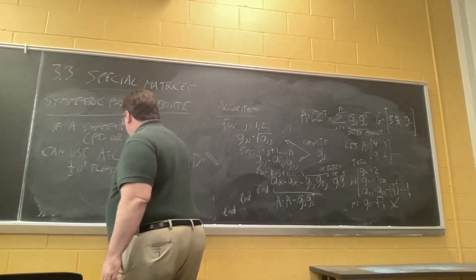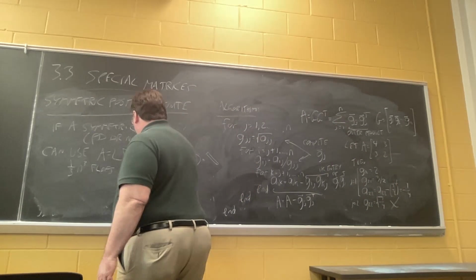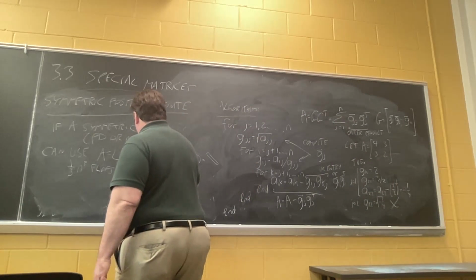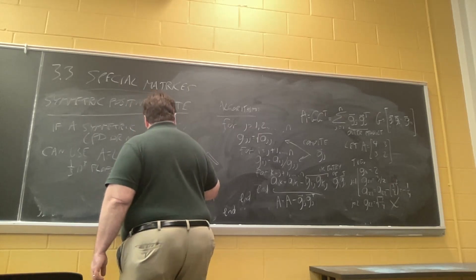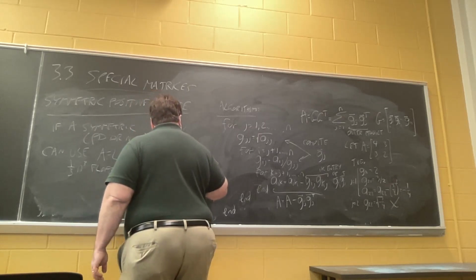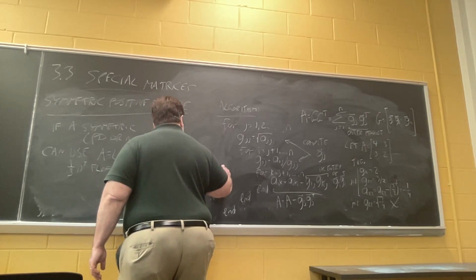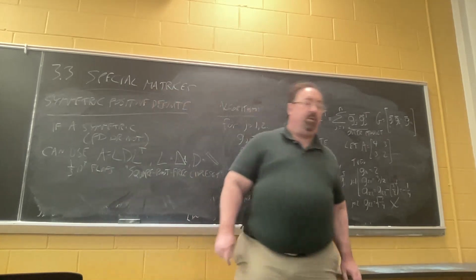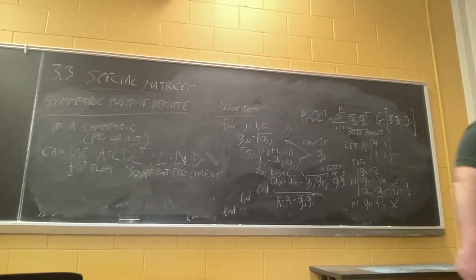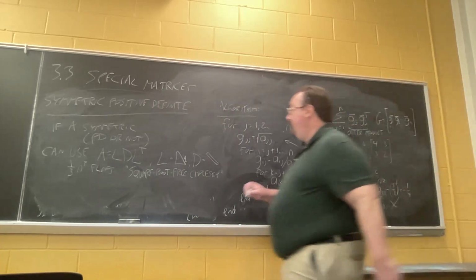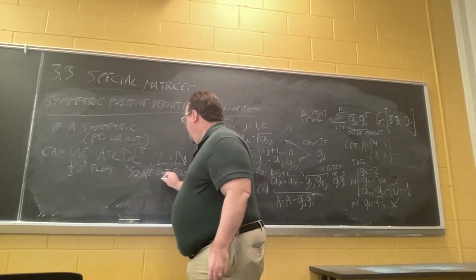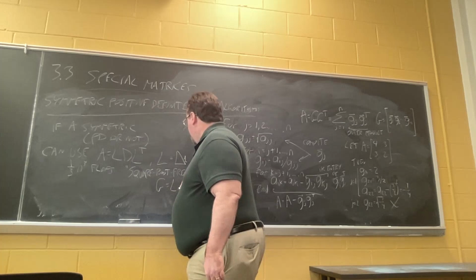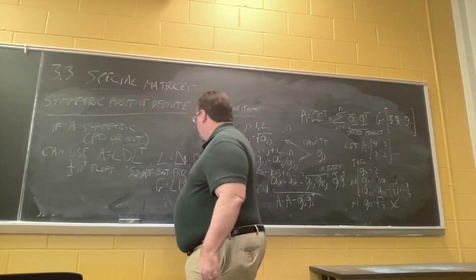That's why LDLT is known informally as square-root-free Cholesky, because the algorithm for it, which is in the notes, does not involve taking any square roots. In fact, there's a close relationship between LDLT factorization and Cholesky: G is equal to L times D to the 1/2.